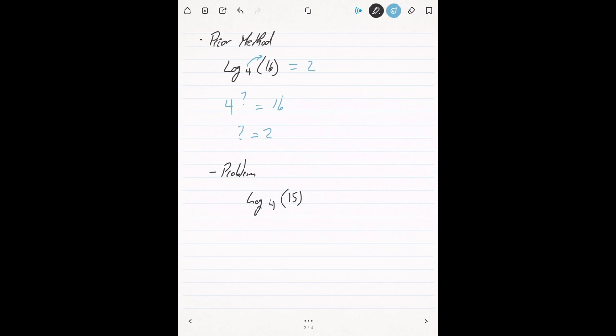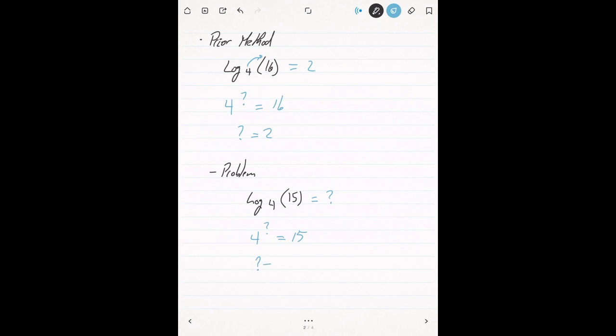Okay, that was easy enough, but problems would occur when we started having quantities that weren't so obviously related. For example, if I said log base 4 of 15 gets me some quantity, what I'm saying is 4 to what power gets me 15? Well, that really isn't going to be a whole number, is it?